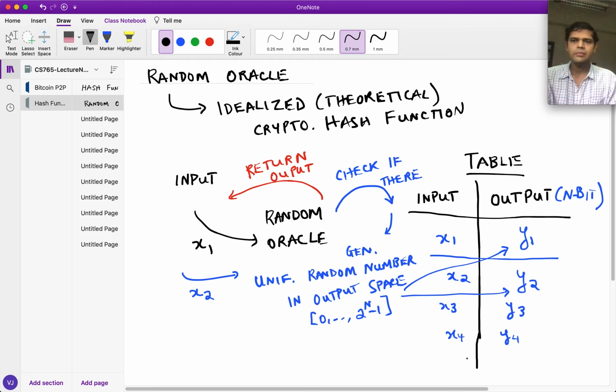Now let's say somebody came along and gave x1 as the input again. So now the random oracle looks up the table as usual and finds that x1 is indeed in the table, and now it returns y1.